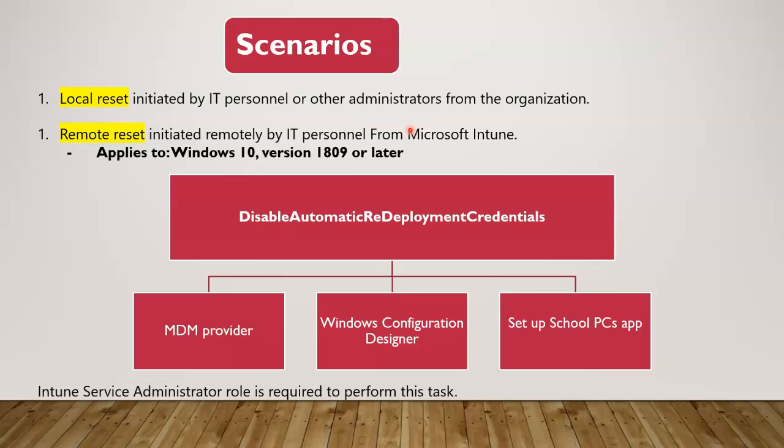You need to have those specific permissions. And if you're wondering how to reset locally from the logon screen, you need to log off, and then press Control plus Windows key and R. So Control Windows R as a combination, if you press it, it's going to reset that specific device. That's how it's going to work.